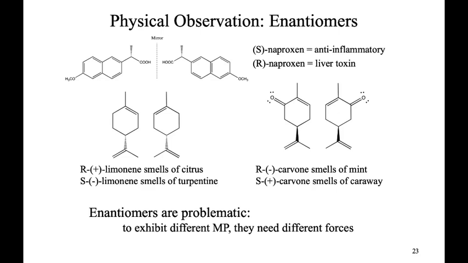What we could do is take that same compound and change the chiral atom to just the other direction, and it now smells like turpentine. Like, oh, lovely oranges. Oh, turpentine. They smell really different. Why are they smelling so different? What are they interacting with?